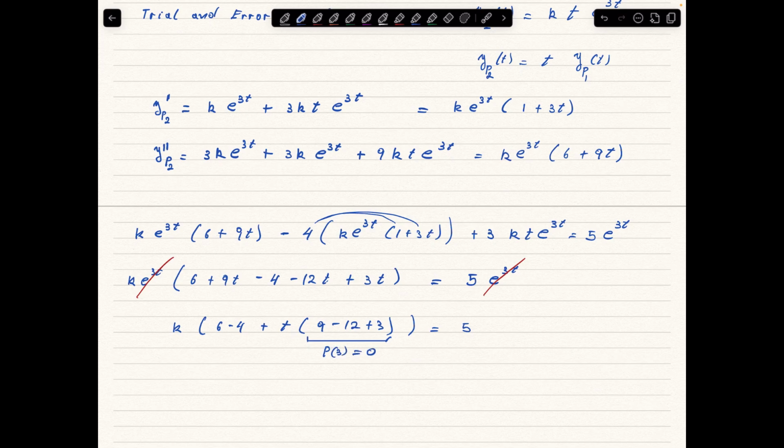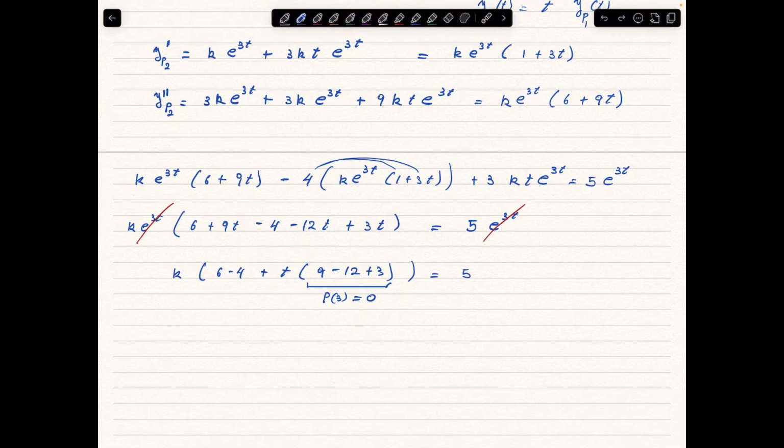So the terms that are multiplied by t are going to disappear. So all these terms go away, and then we end up with an equation of the form k multiplied by 4 has to be 5. So that's it. We found our solution, 5/4. That is k.